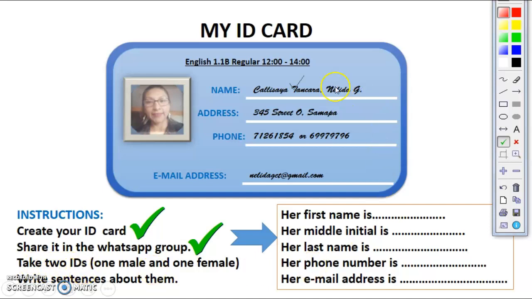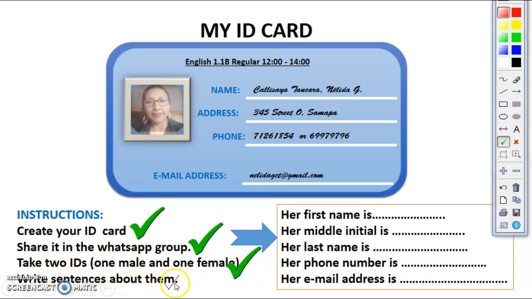Escogemos dos ID cards que no sean nuestros, de dos compañeros. One male, uno que pertenezca a un varoncito, and one female, y uno que pertenezca a una damita.